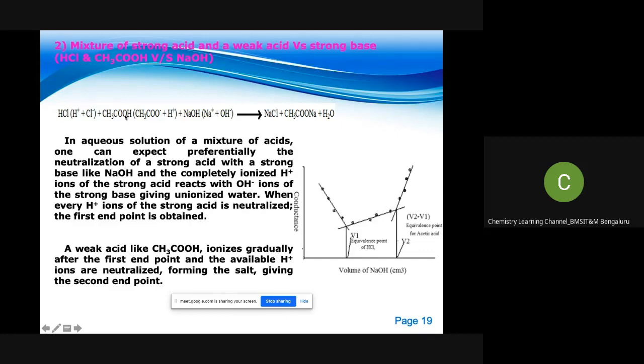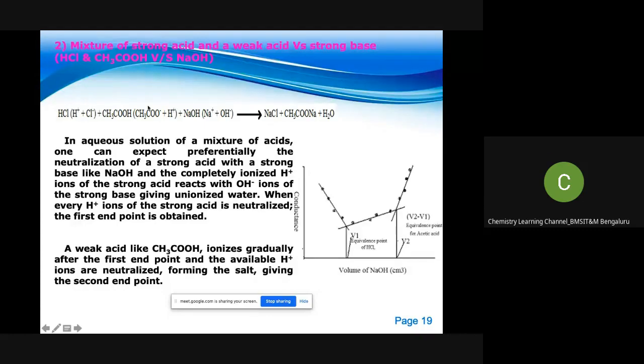So I have HCl and acetic acid in the mixture, and we are titrating it against NaOH. So among HCl and acetic acid, which do you think will neutralize first? Strong acid will neutralize first, or weak acid will neutralize first? Definitely strong acid will neutralize, right? So first HCl will neutralize. Once all the HCl is neutralized, then acetic acid will come into the picture.